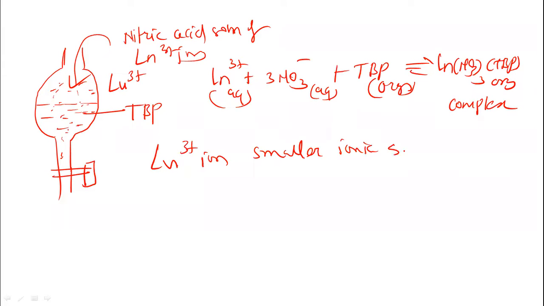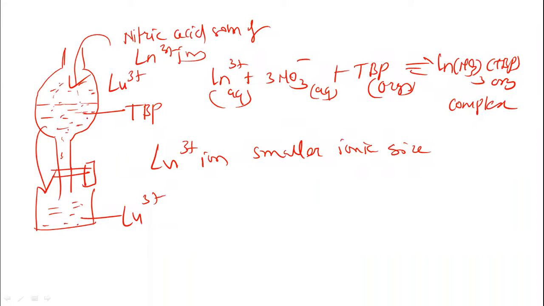Okay, so it is going to be extracted first, and it is going to form the complex with the TBP and nitrate ion. Later on, we have to collect this fraction here. The two layers are seen. By a simple elution process, we can collect this fraction here. So suppose the first complex that is collected here is for the lutetium tripositive ion.